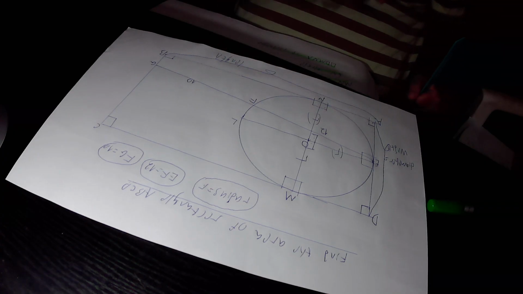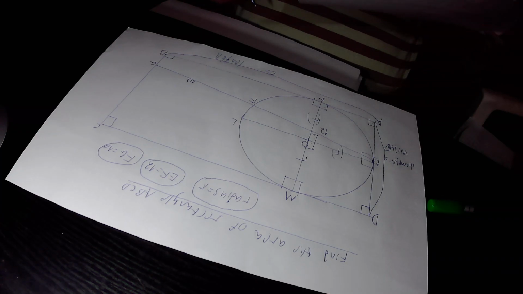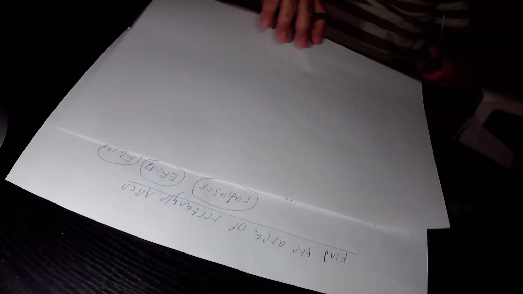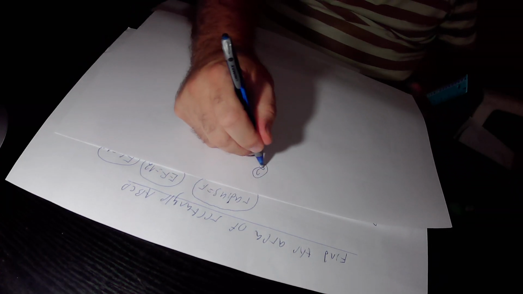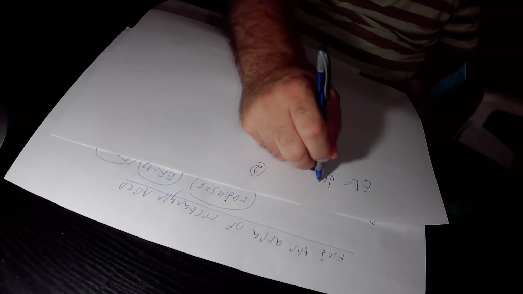Therefore, EL is the diameter of this circle. So write it down: EL is the diameter of the circle.